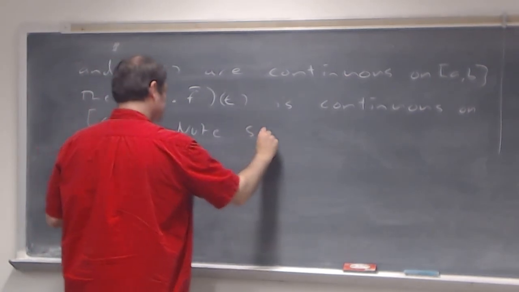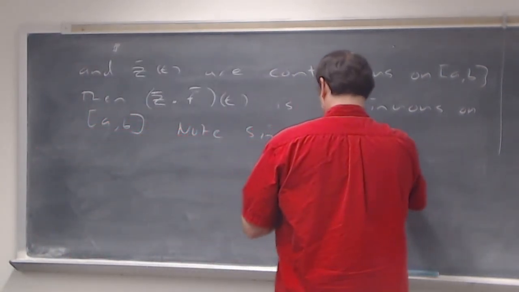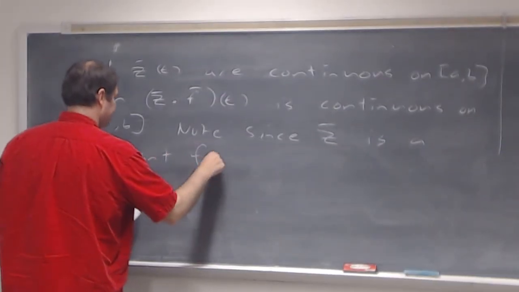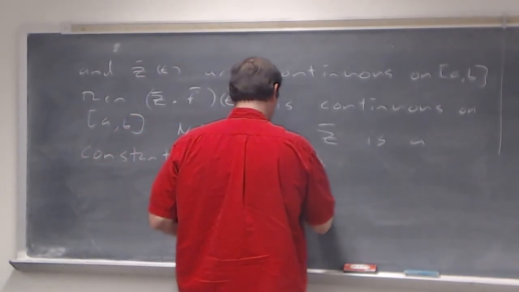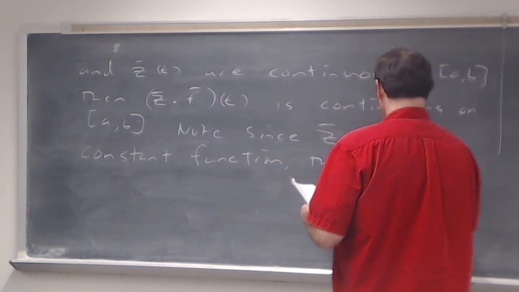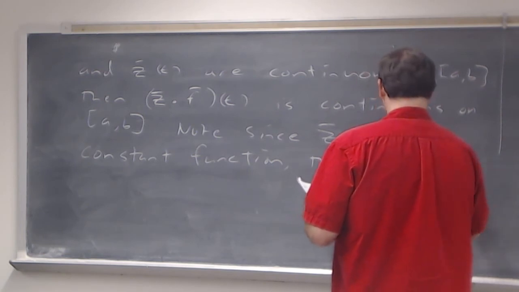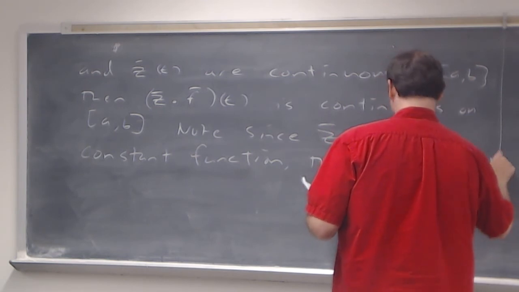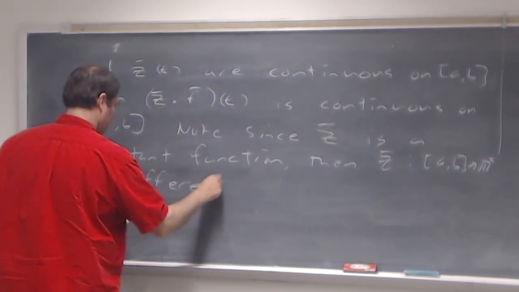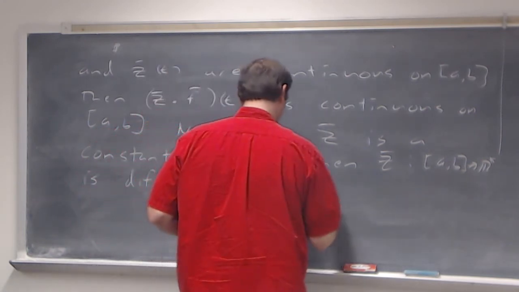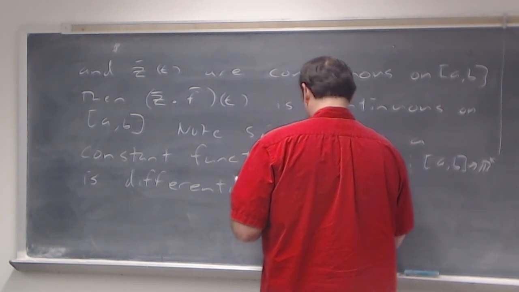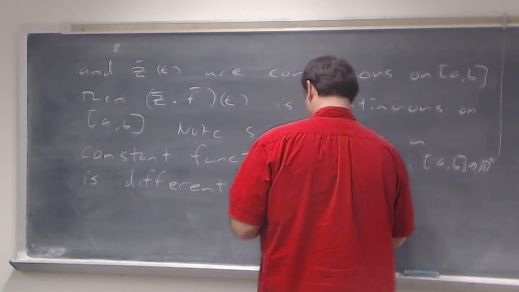Also note, since z bar is a constant function, then z bar, again going from a to b into R^k, is differentiable on the open interval a to b.